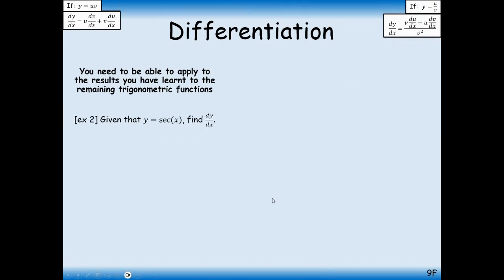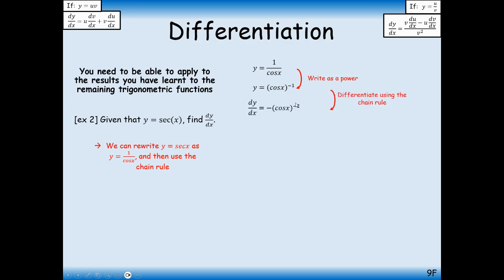What's the derivative of secant of x? So we know that secant is 1 over cos, and we can rewrite 1 over cos as cos to the power minus 1, using the same trick that we used in the last example. We're going to use the chain rule, and the chain rule says that we need to multiply this negative cos of x to the power minus 2 by the derivative of cos itself, which is another minus sign.